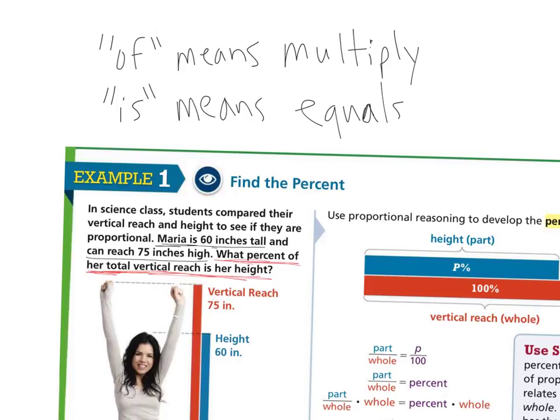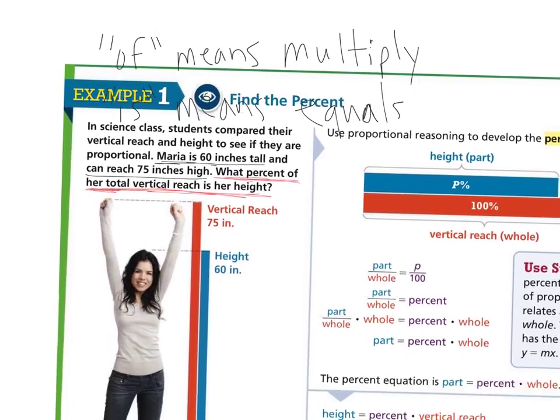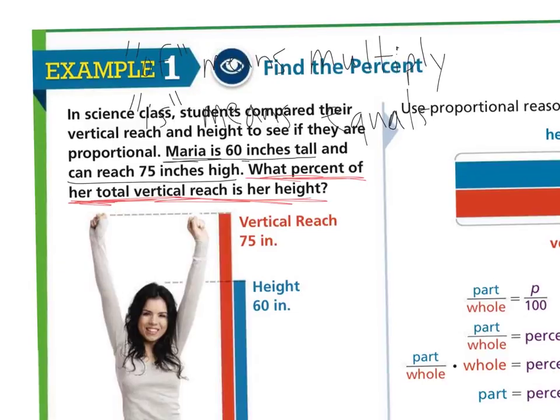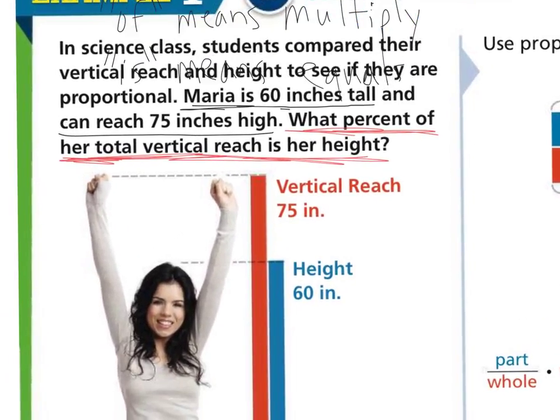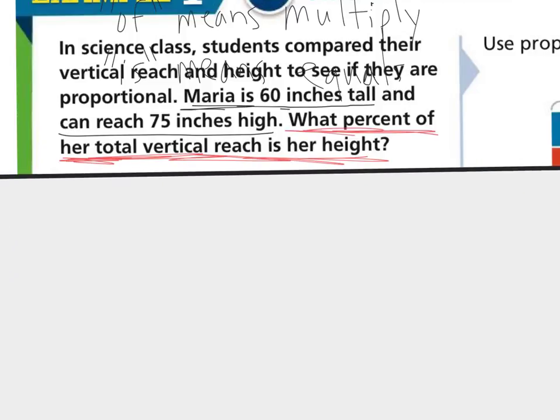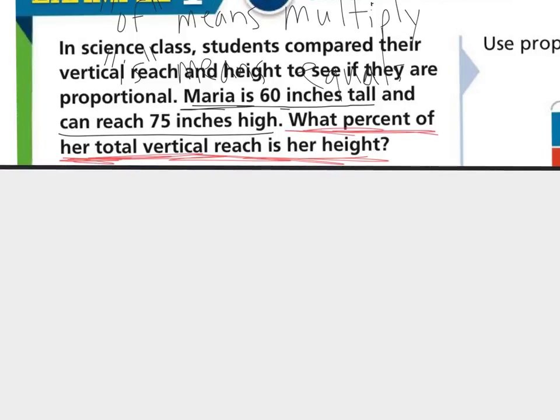So what we're going to do here, we're going to take this question that they gave us, and we're just going to translate that question into an equation. So the question, it says what percent? That's what we're trying to find. So if you want to do P for percent, you can.